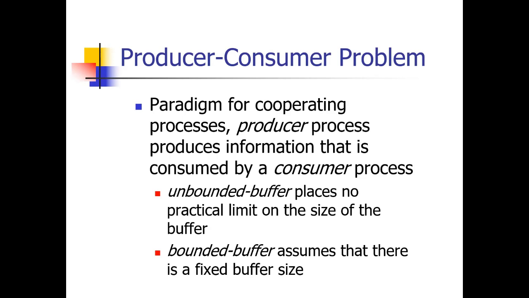Assume that we need process IDs for new processes. The producer will generate process IDs. Rather than generating them when the requirement is there, we will maintain an array of, let's say, 10 elements.